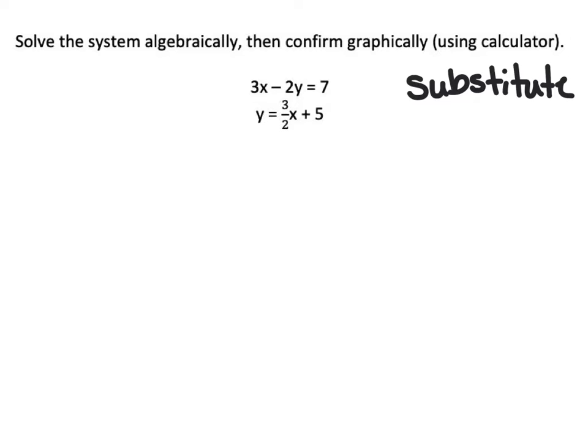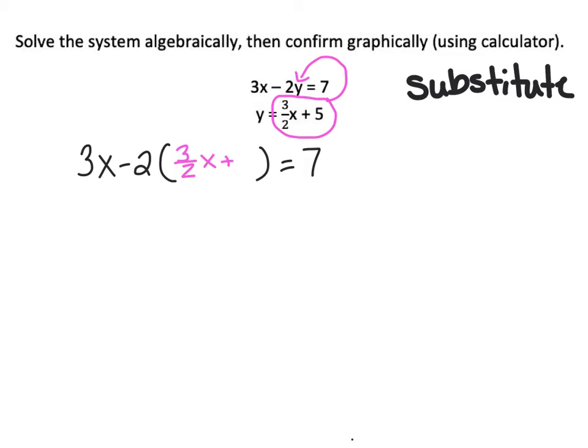Since my bottom one is already solved for y, I'm going to take that and plug that in place of y into my top equation. So I would write 3x minus 2, I always open up a set of parentheses, is equal to 7, and I put the 3/2 x plus 5, what y is equivalent to, in those parentheses, and now I solve.